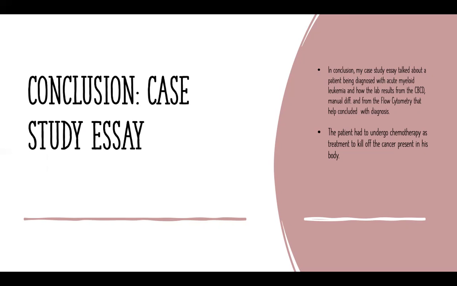And also finding blasts and the NRBCs and the monos and the meta and just those types of white blood cells in his body were a very helpful indication that there is something going on with his cells, and that should be looked into because it might be something more serious.